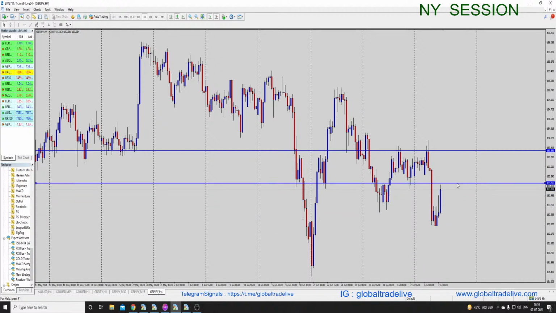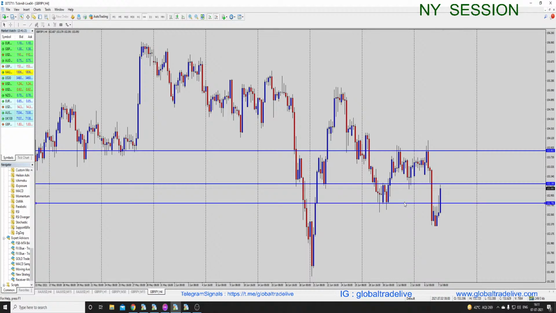Let's draw this also. I think this is the perfect place to place our resistance, and the market is now tapping that area. Now it can reject that area, and after rejecting, it can really go down to this level over here.